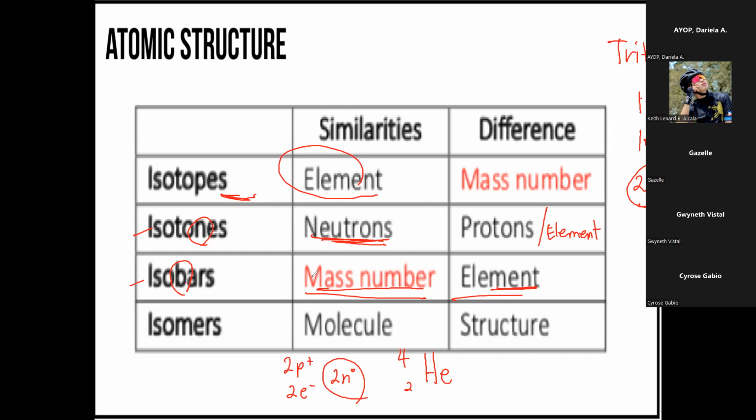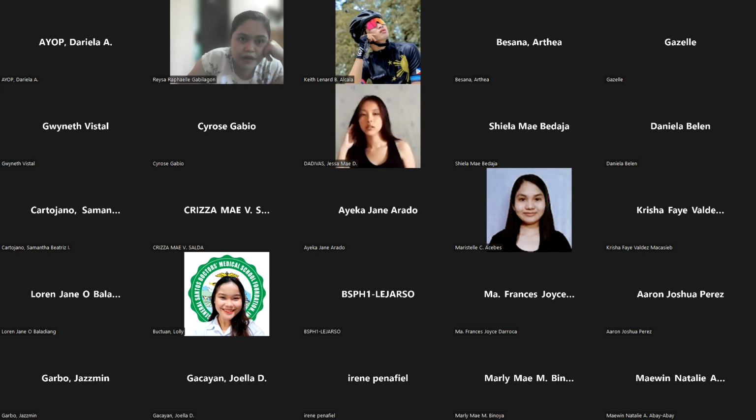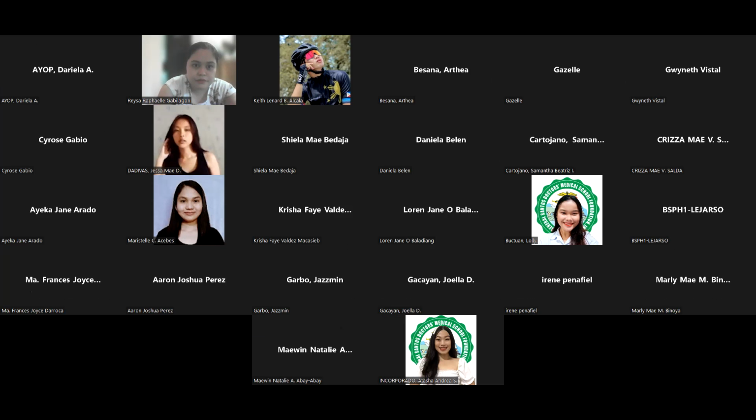And then pag sinabing isomer, isomer means the same molecule but they don't have the same structure. Okay? So, example of our isomer, wait ha, hirap mag-draw kasi.